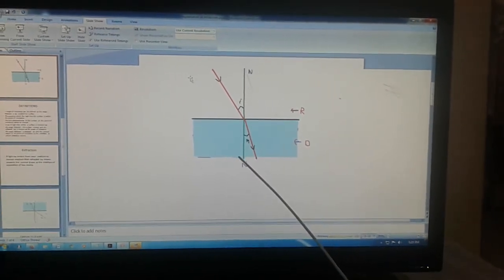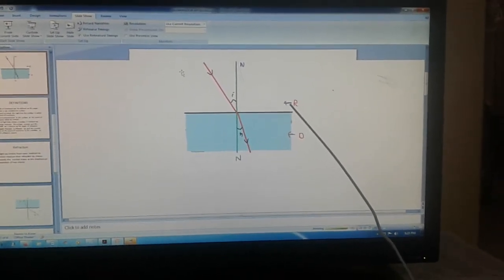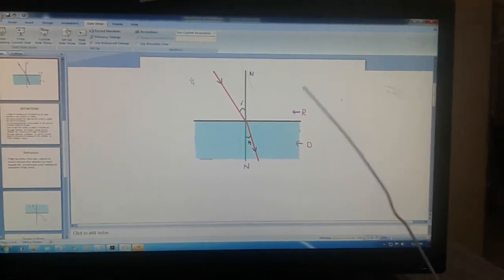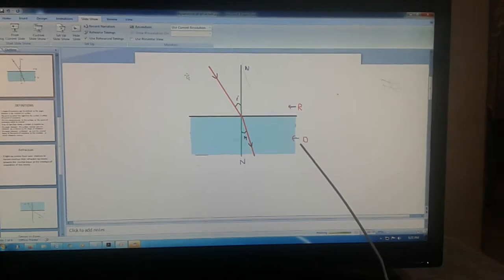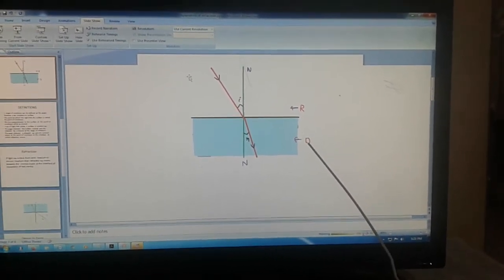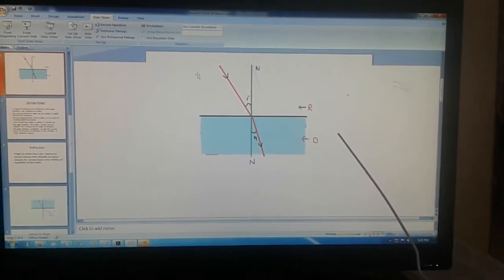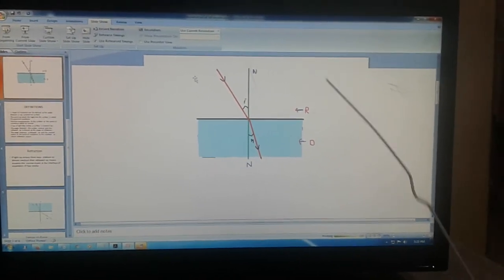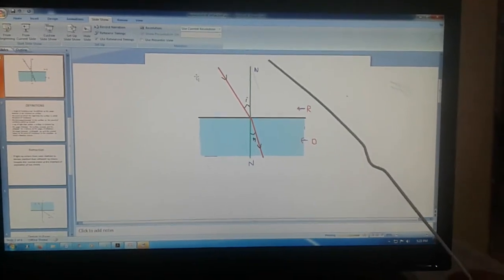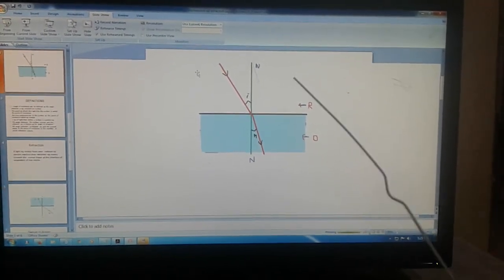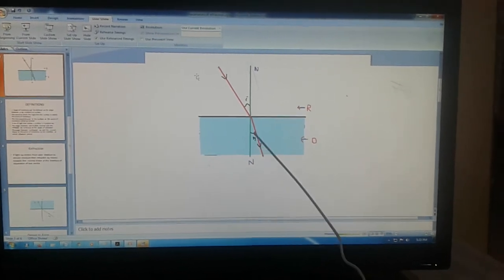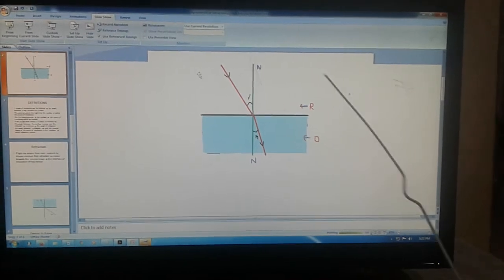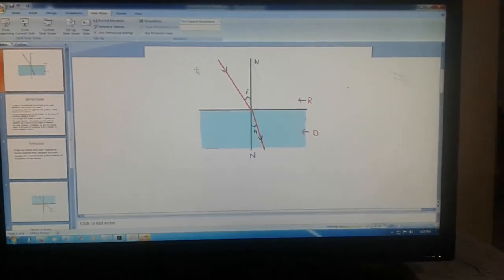The capital R represents the rarer medium, here air, and D represents the denser medium, which is water. From this diagram, we can define so many things: what is normal, what is the angle of incidence, what is the incident ray, what is the refracted ray, and what is the angle of refraction.